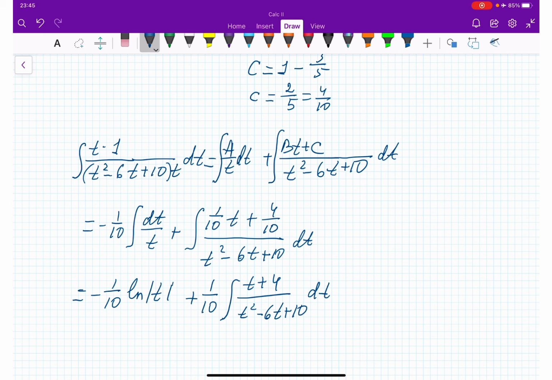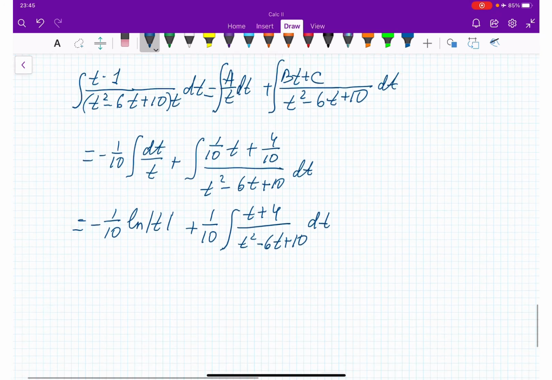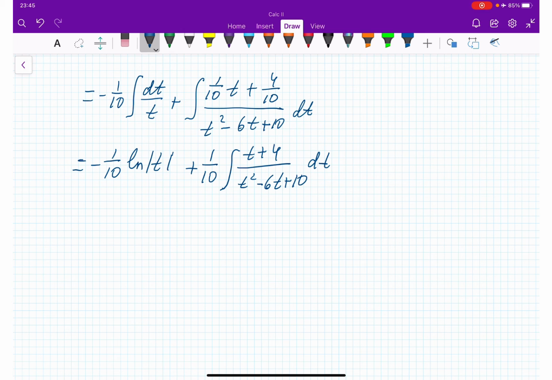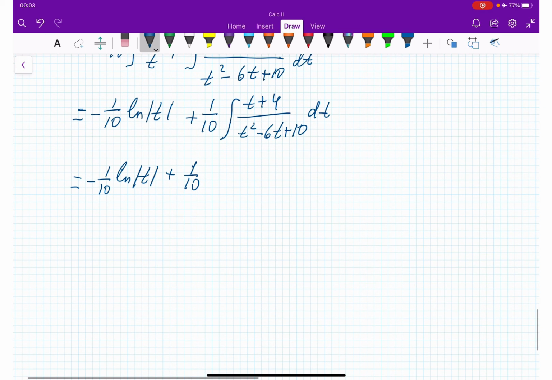Okay, so from here, what would I do here? We have negative 1/10 natural log of t, plus, this will be 1 over 10. Now I'm going to separate and work out this integral, t plus 4 over t squared minus 6t plus 10 dt.